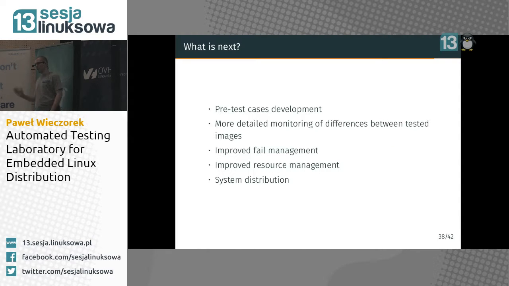We want to eliminate bad images as soon as possible in order to limit time wasted for tests which will only render unusable results. We also want to provide more detailed information about differences between new tested images in order to easily check if there are any and what they are.